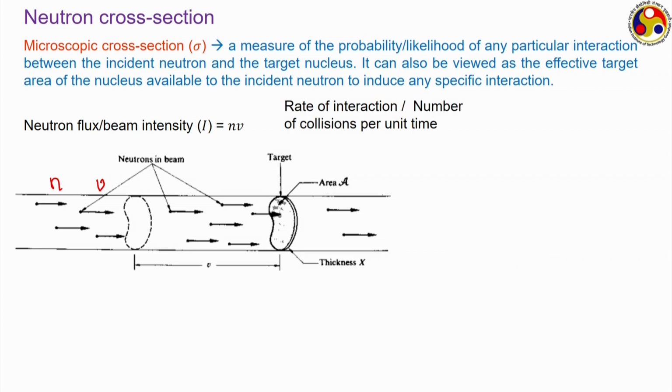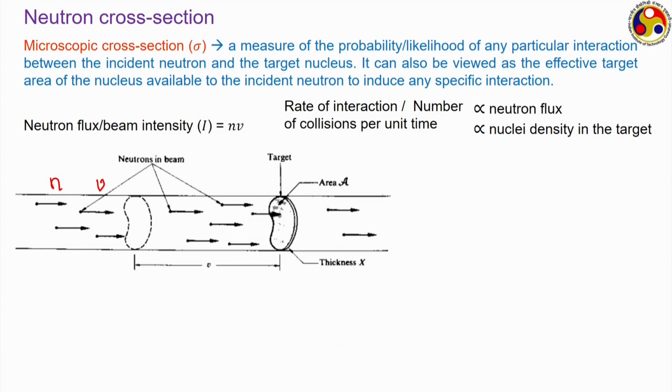Now, the interaction between the neutrons and some nucleus available in the target area definitely is proportional to this neutron flux, because the higher the neutron flux, the more neutrons participate in the interaction, and so the larger is the possibility of any interaction. It is definitely proportional to the nuclei density in the target. The more nuclei present in the target, the more interactions there will be.